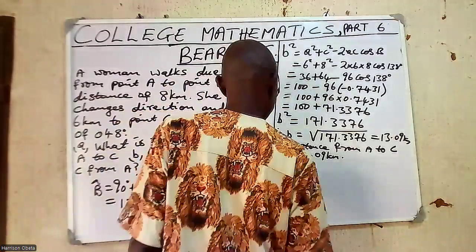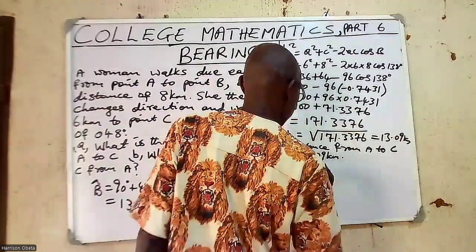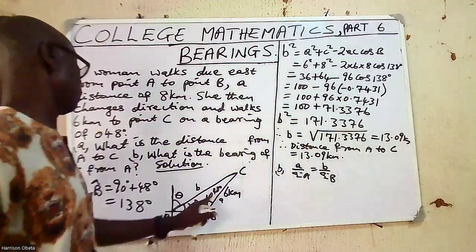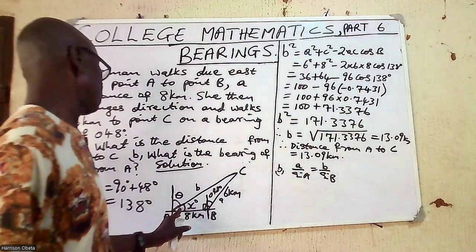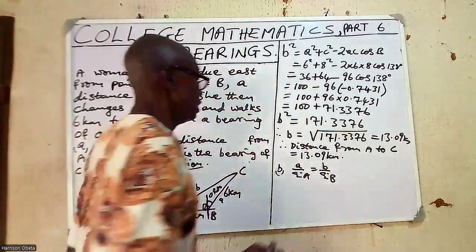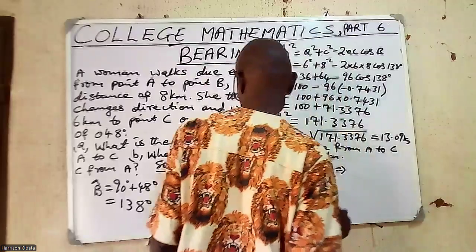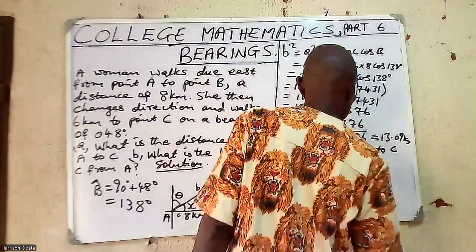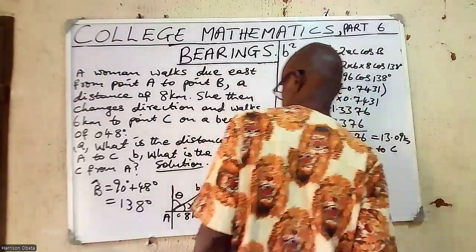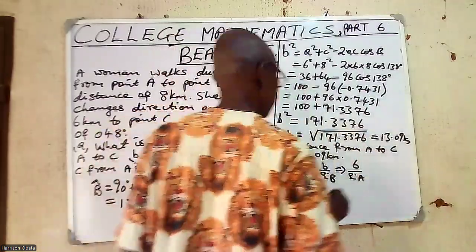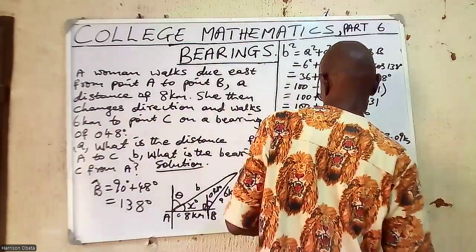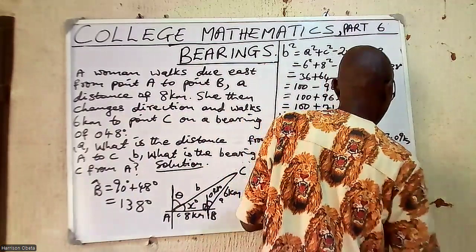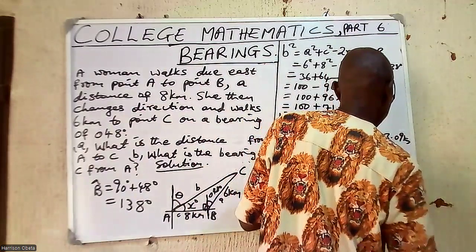That's question B now. a over sine A equal to b over sine B. That is, this over sine this equal to this over sine this. That will give us a is 6: 6 over sine A, which is equal to b, 13.09, all over sine 138.